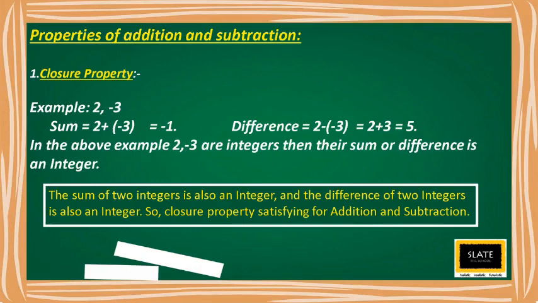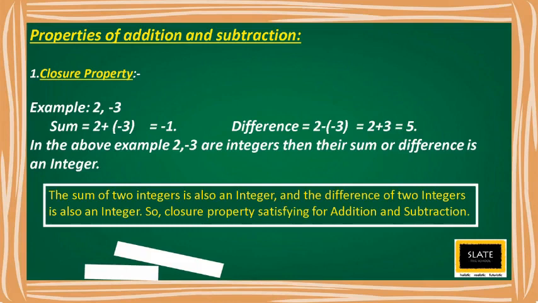Absolute value of minus 3 is 3. Difference is 3 minus 2, that is 1. The sign of greater absolute value is minus. So, 2 plus minus 3 is equal to minus 1.